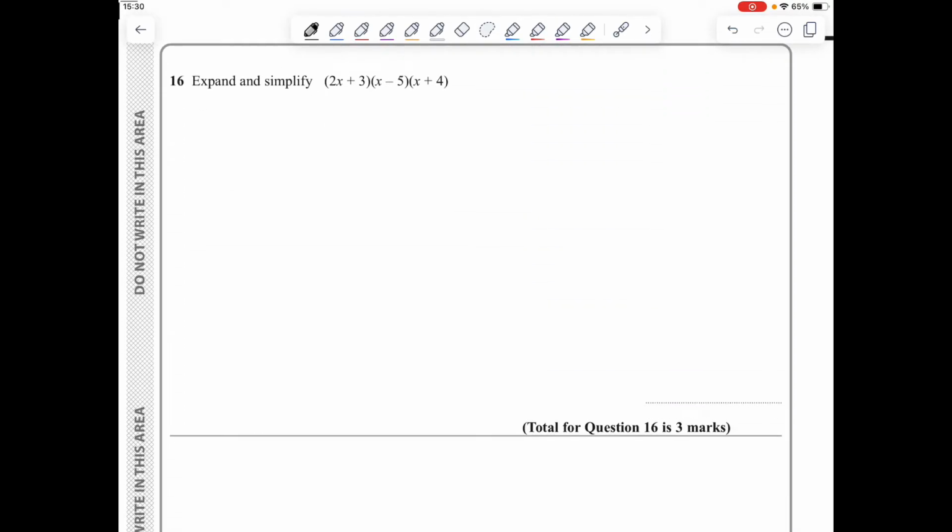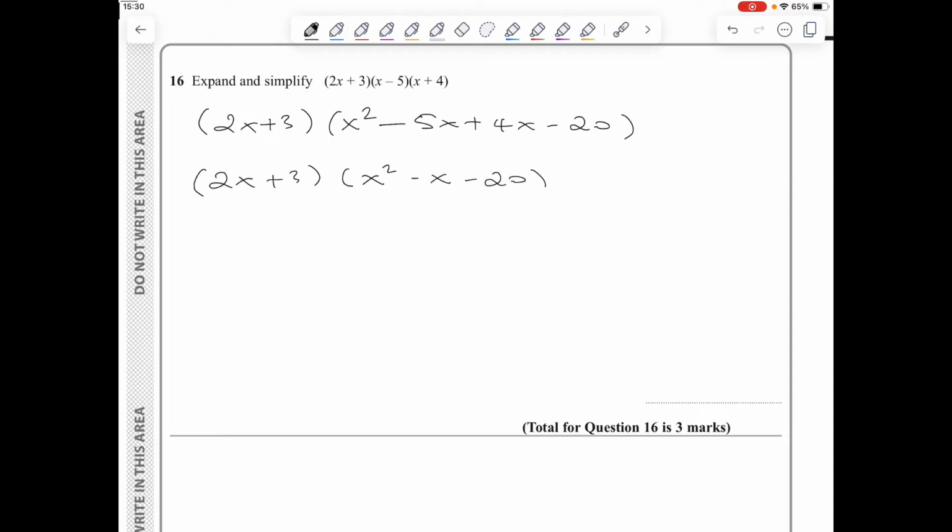For question 16, I'll start by keeping the first bracket the same and expanding the second bracket, so I get x squared minus 5x plus 4x minus 20. Now let's simplify that second bracket, x squared minus x minus 20.